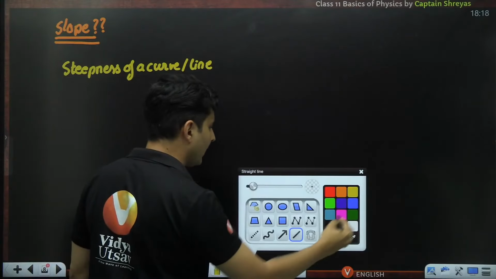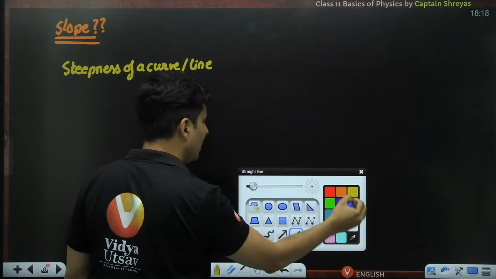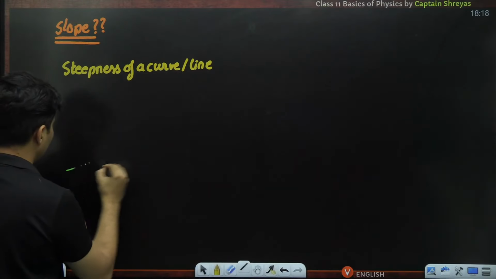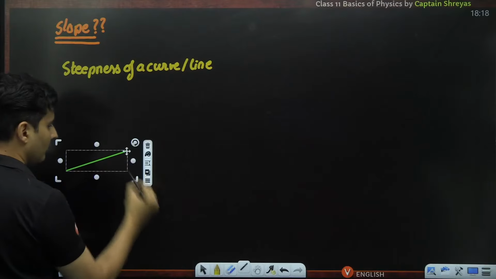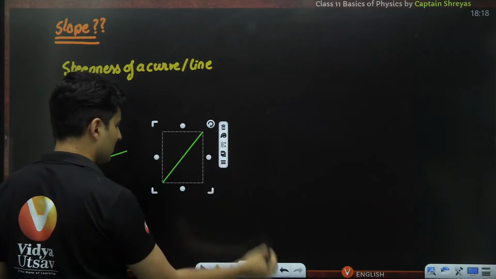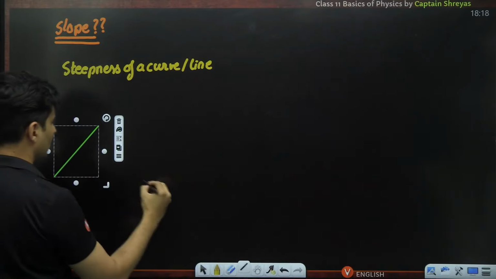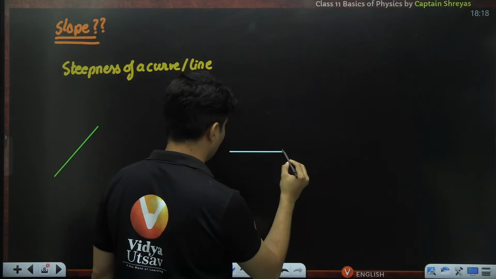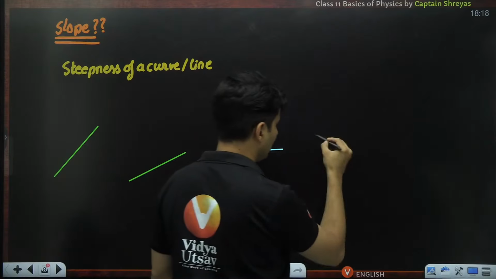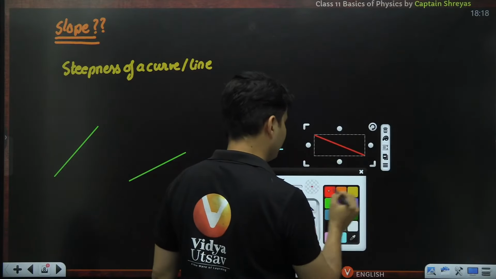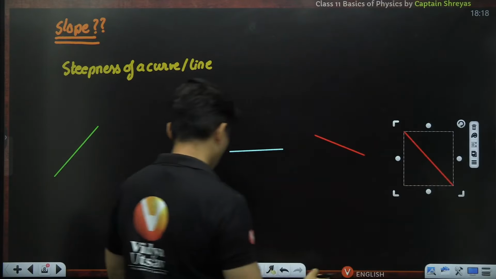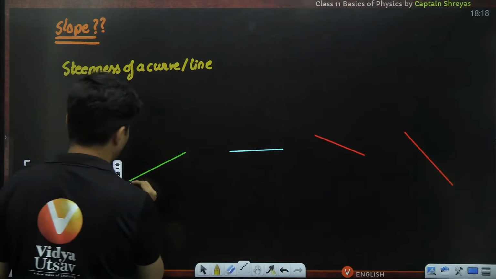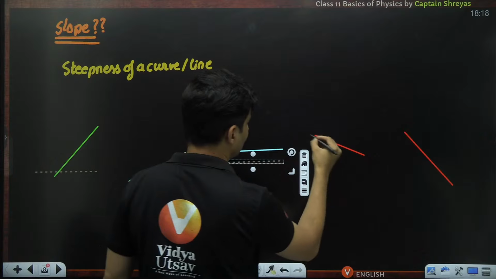Let's say, for example, I give you certain examples like this. Say this was our x-axis.